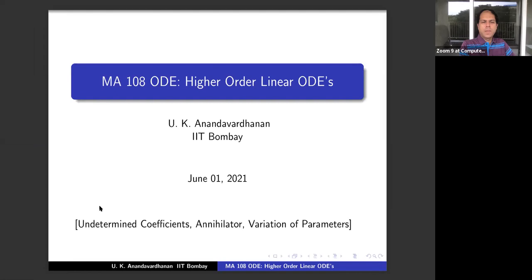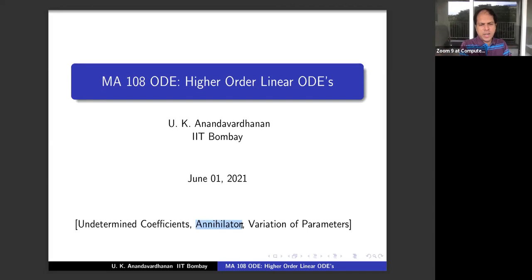I have many keywords today, but all of this you have already seen, so we will go a little bit fast. Undetermined coefficients you already know in second order. Today we will have a couple of examples to show that the same technique works in nth order. Then we will introduce a method called the annihilator method.